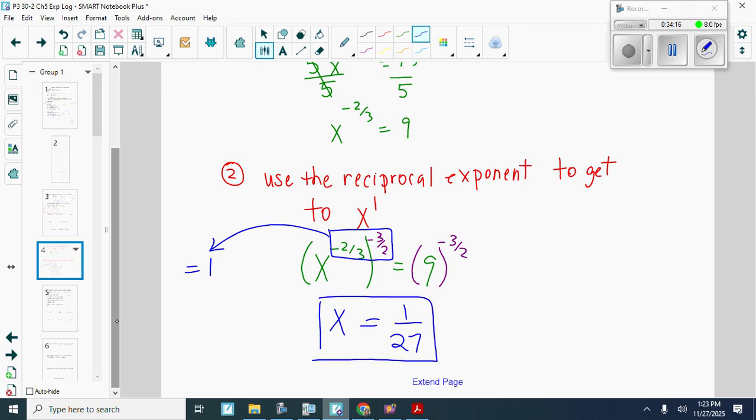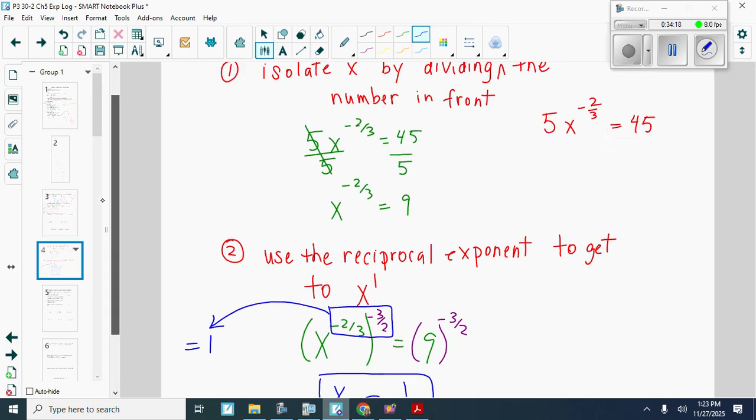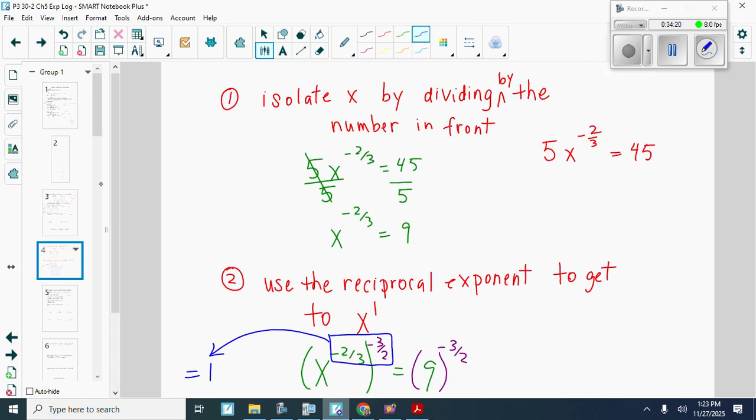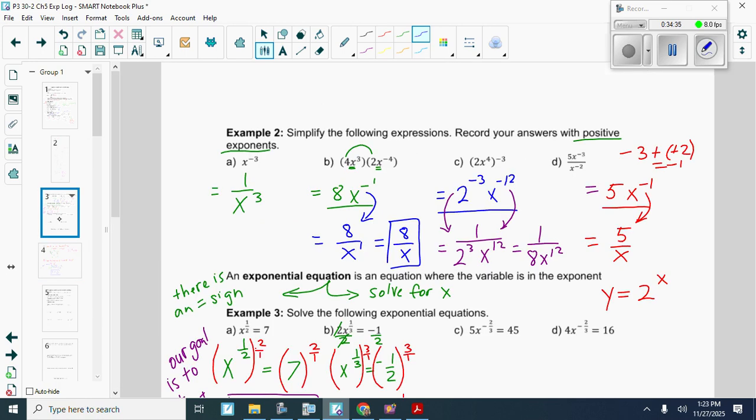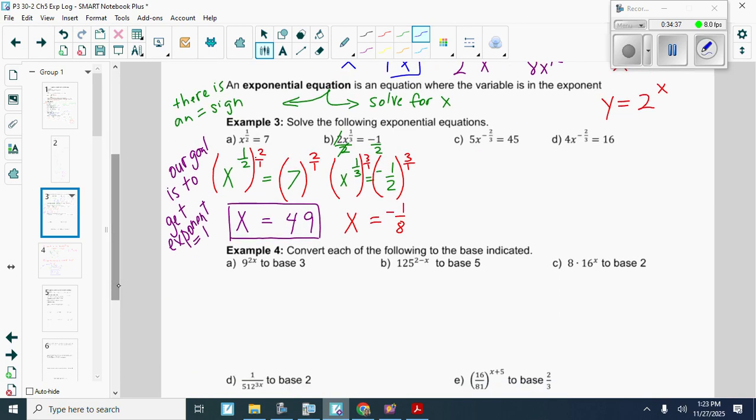So guys, 2 steps. Your first one is, if there's a number in front of the x, you isolate x by dividing by that number. Then you use the reciprocal exponent so that you can get x to the power of 1 and solve your equation. So that's what we did here. We've got D, and D's on you guys.